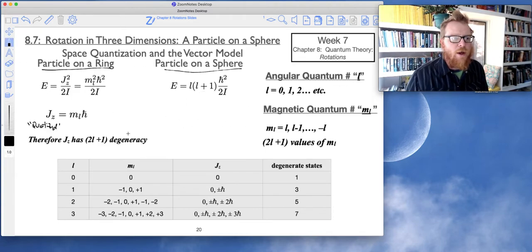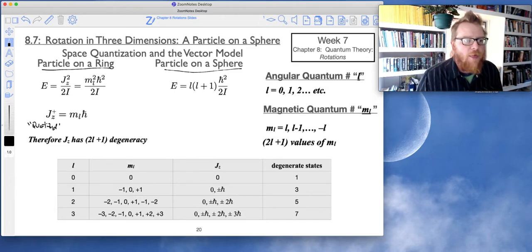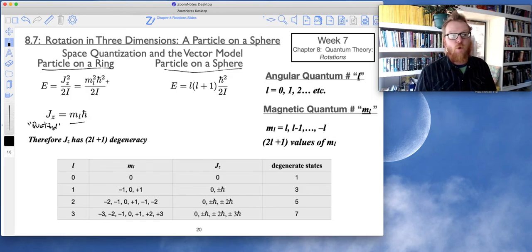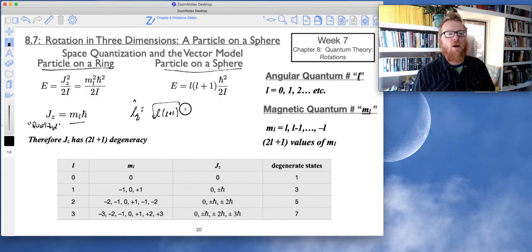So basically what ends up happening is that we get JZ equals mlh bar for this particle on a ring for the two-dimensional model, and expanding that out into 3 dimensions, the total magnitude becomes the square root of L times L plus 1, times h bar.